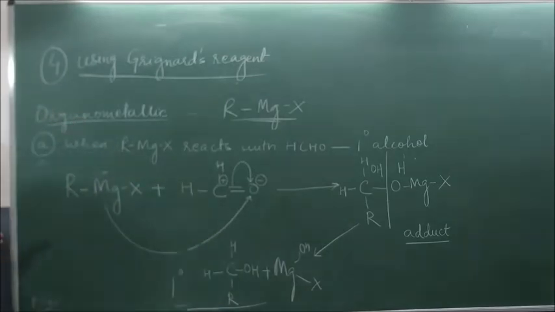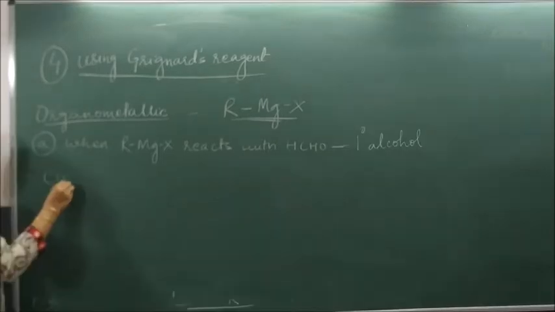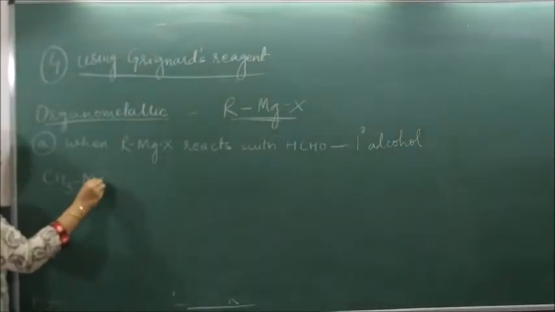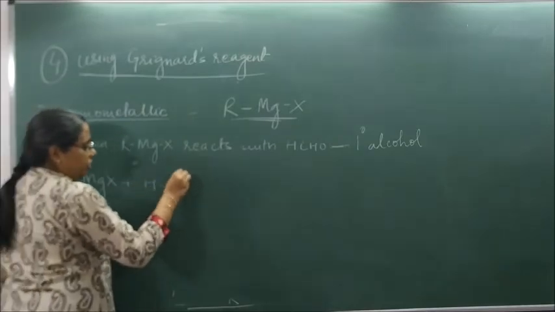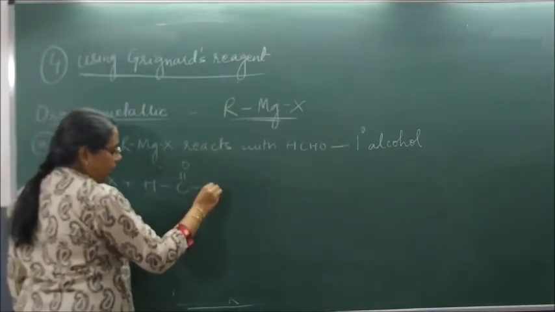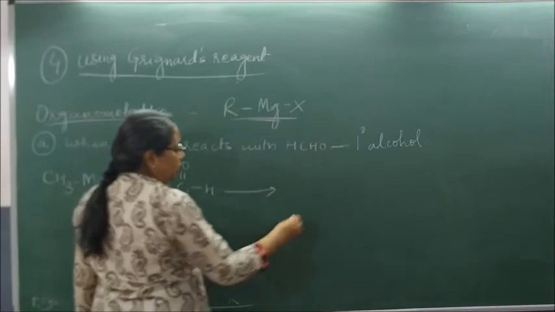Now we are supposed to substitute this R as CH3 and do the same equation. Please write. CH3MgX plus H, C double bond O and H. I will get what?